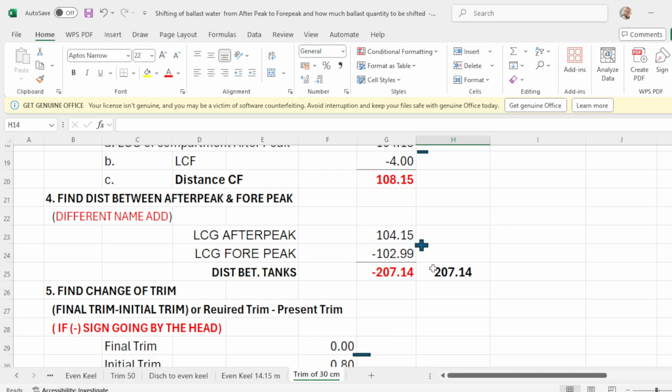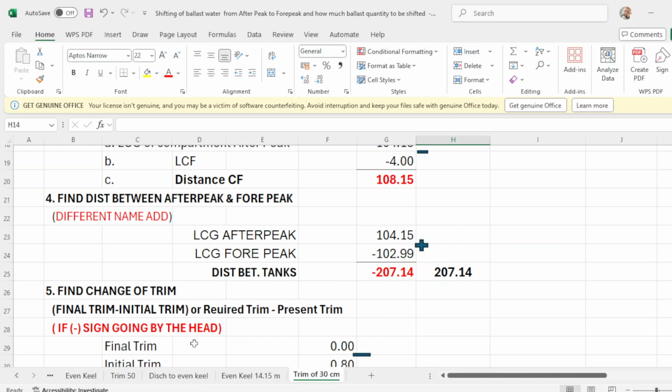They have different names, so you add. That will be 207.14. It should be positive 207.14, because you disregard the sign since you're only asking for the distance.